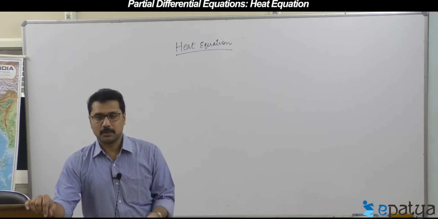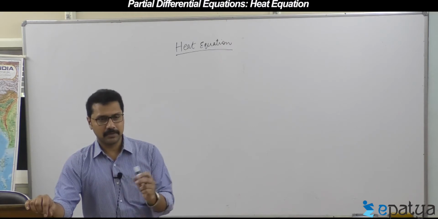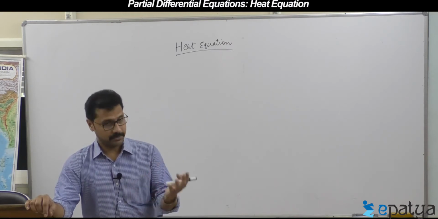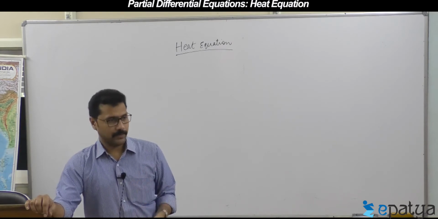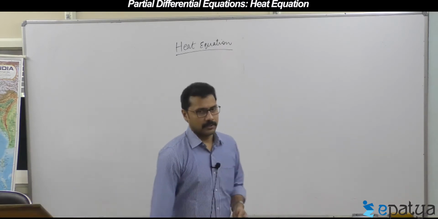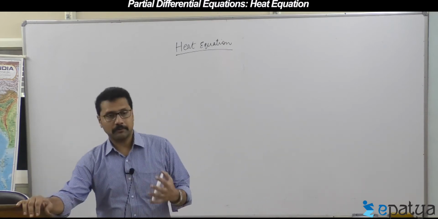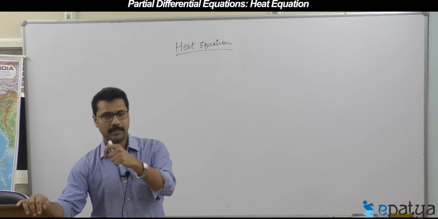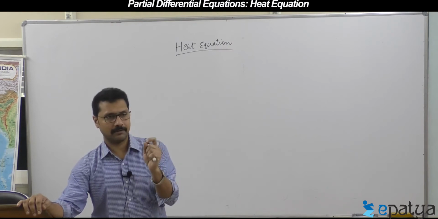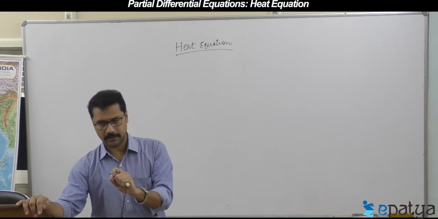Thermal properties means what? There are certain properties like diffusivity, thermal diffusivity, and heat capacities of a material. Heat capacity of a material means the amount of heat that it can retain. Different materials will have different heat capacities based on their properties.